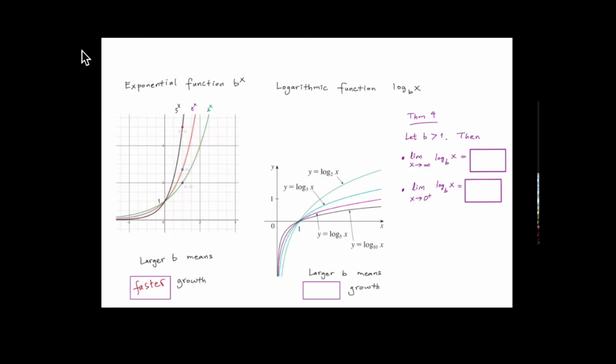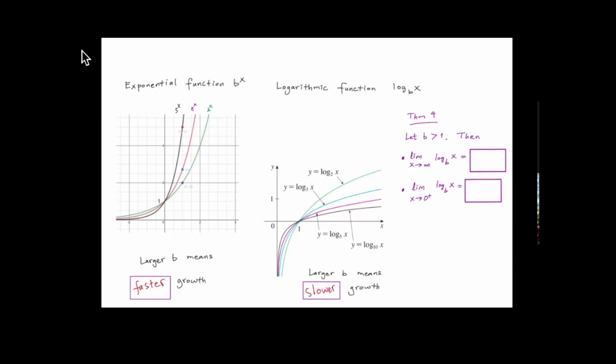Their inverse functions, the logarithmic functions, are the opposite. If your b is bigger than 1, then larger base means slower growth. So here, log base 2 of x grows faster than log base 10 of x. So larger b means slower growth.